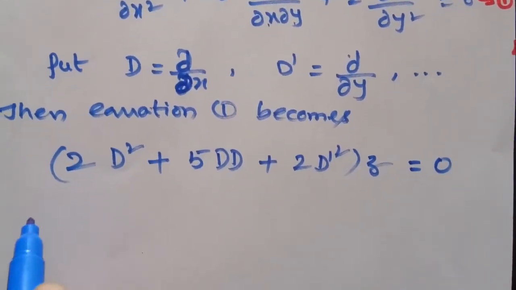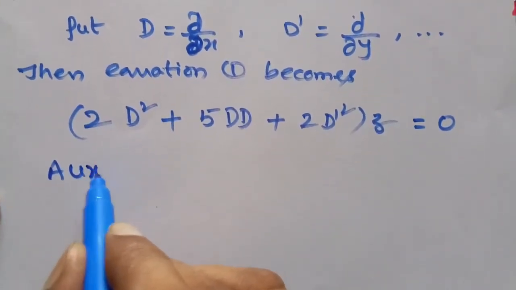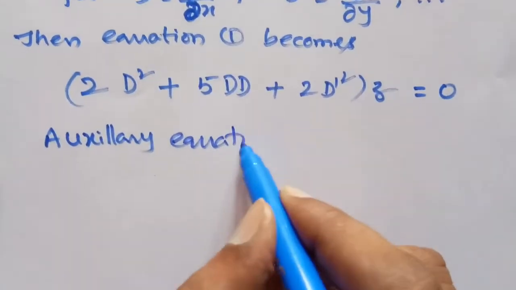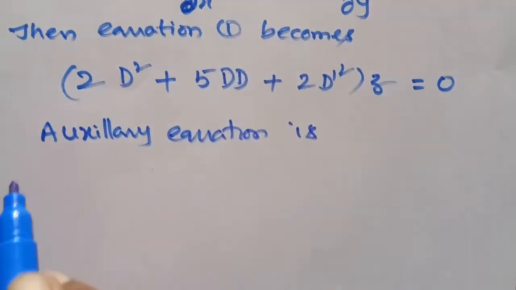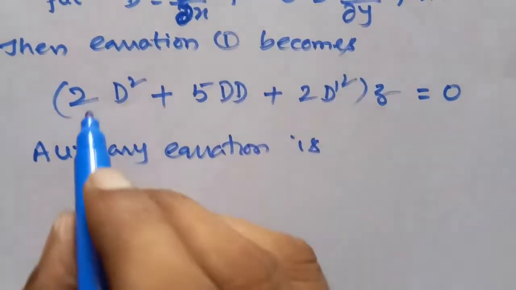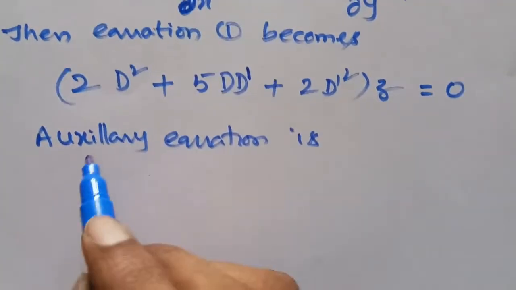Therefore, the auxiliary equation is obtained by substituting D equal to m and D dash equal to 1.